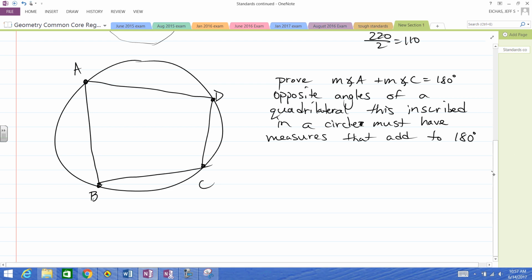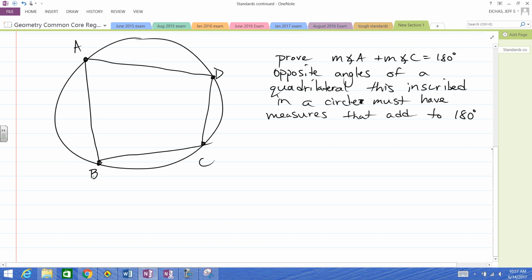All right, so again, I'm basing my entire proof on the concept that to go around the entire circle, the arc measure is 360 degrees.